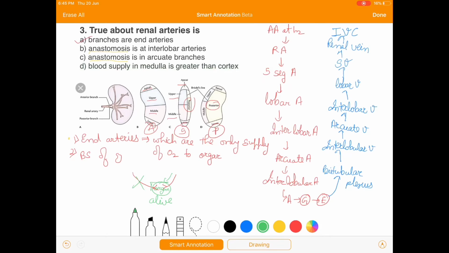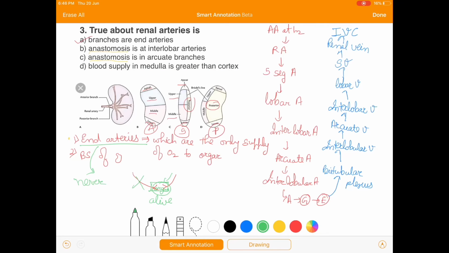So this dual supply or this meeting of any two things is anastomosis.